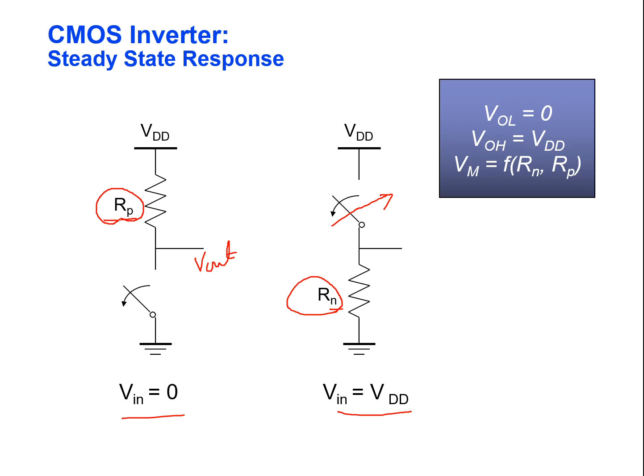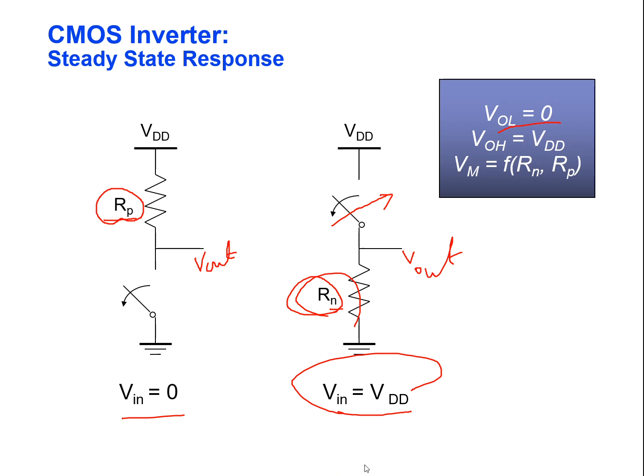In this case, let us say that the VOL is 0, that is, the output low voltage is 0. Whenever you are giving your Vin as VDD, this is your output, and your output is connected to ground now through the resistance Rn.